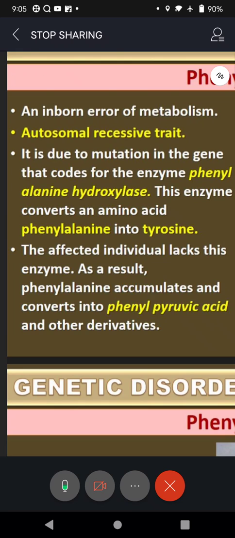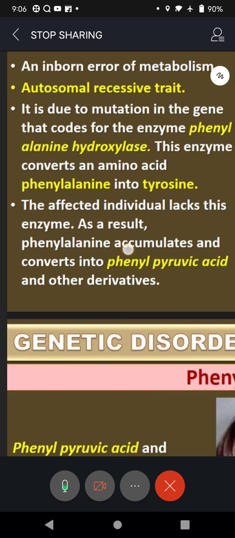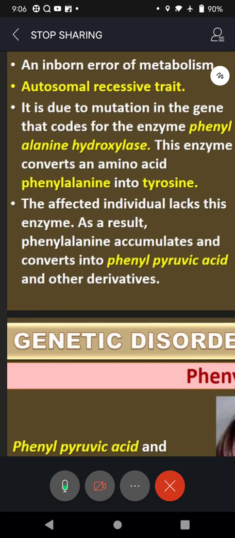Whenever you read a word ending with ASE, like hydroxylase, you should understand that you are reading about an enzyme. So phenylalanine hydroxylase, what does it do? This enzyme converts an amino acid, phenylalanine, to tyrosine. Phenylalanine is converted to tyrosine.